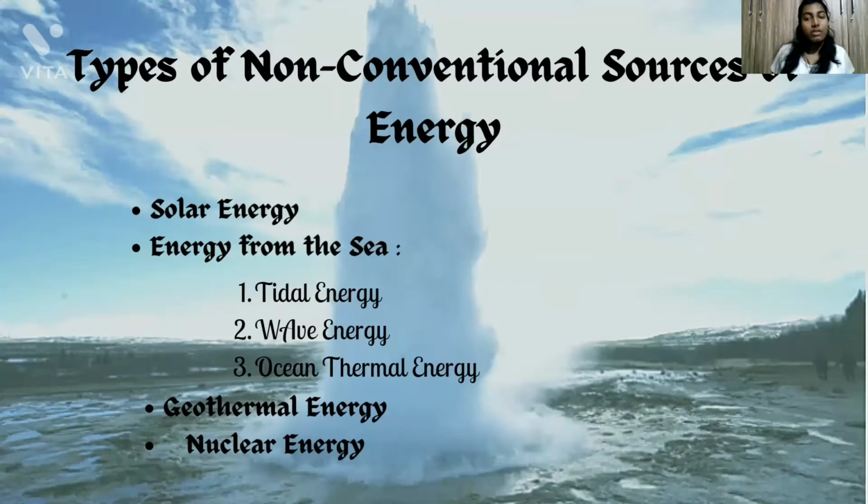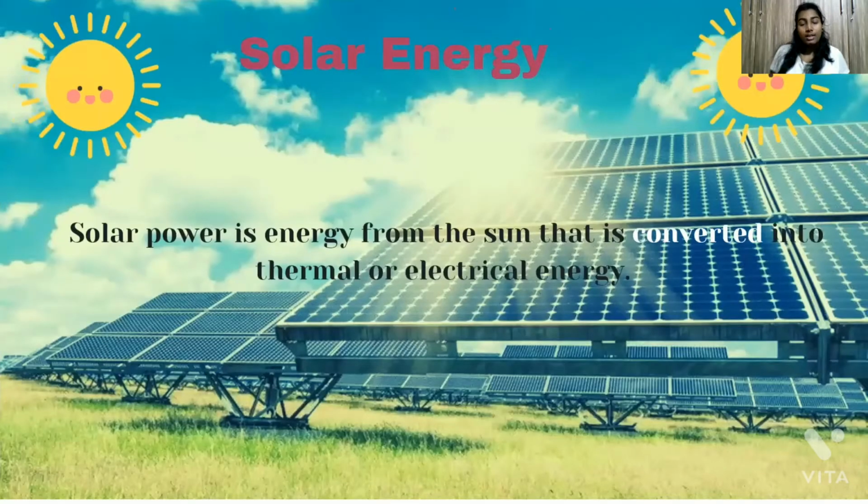The types of non-conventional sources of energy we are going to study today are solar energy, tidal energy, wave energy, ocean thermal energy, geothermal energy, and nuclear energy. What is solar energy? The energy derived from the sun in the form of heat and light is called solar energy.